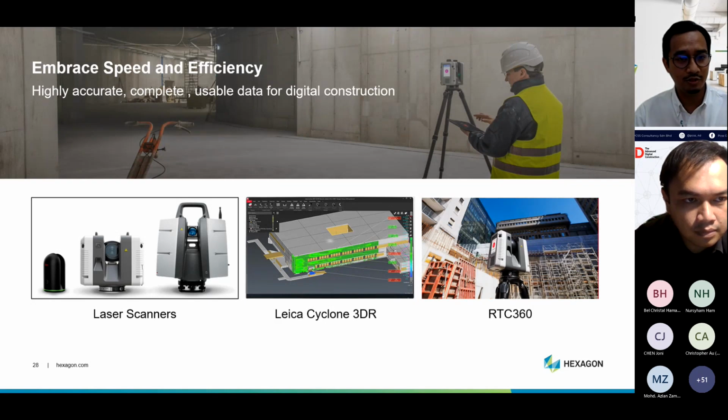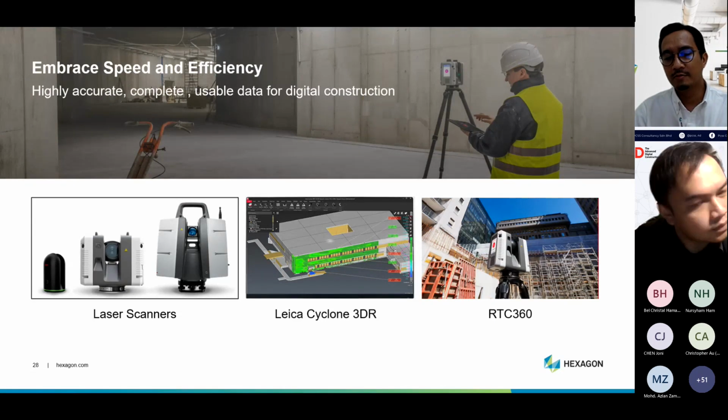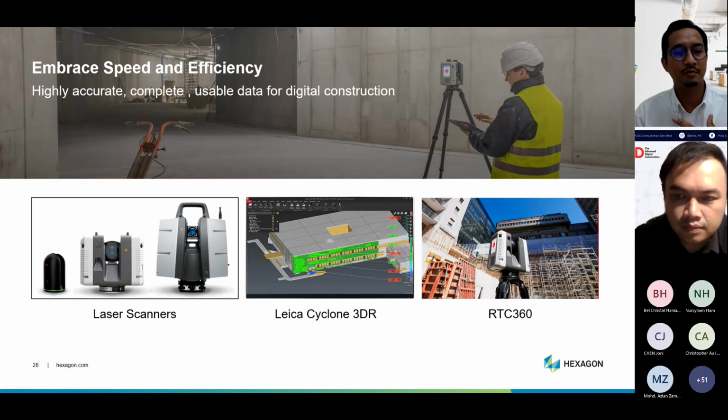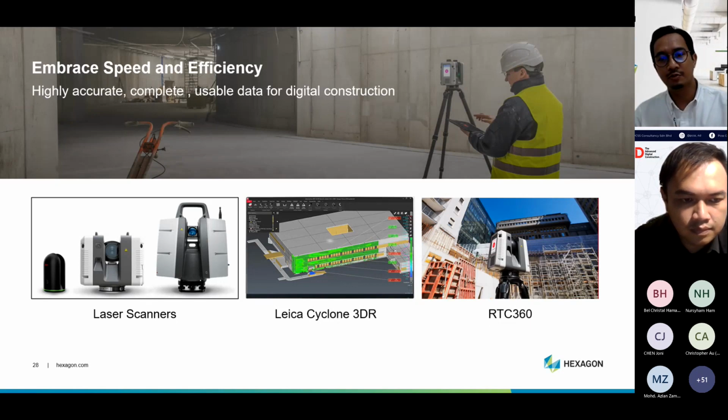If I may share with you, this is what is happening in Singapore actually. Some of the big contractors are using this technology to make sure they are building the project accurately according to the BIM model, right? So they have the BIM model, they want to measure. This is what we call verification.